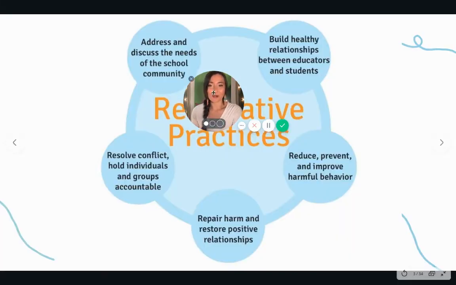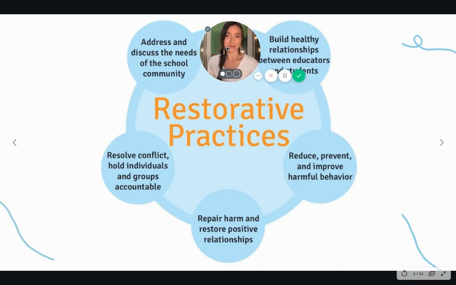So, just to give you an overview for educators in schools of what we look at when we're talking about restorative practices from a general sense. The root of restorative practices is relationships, and really truly believing that students, children, they don't care what you know until they know that you care. And so creating these classroom environments where relationships are at the center are really the heart of restorative practices, building these healthy relationships.